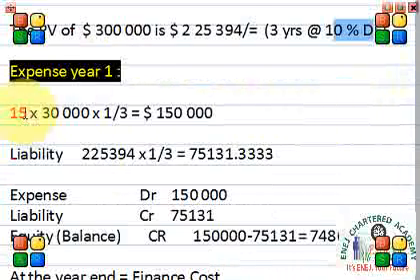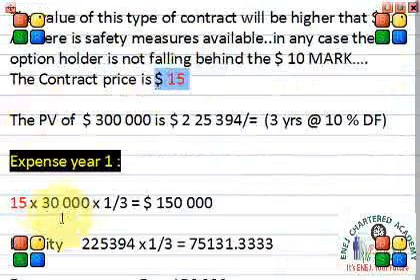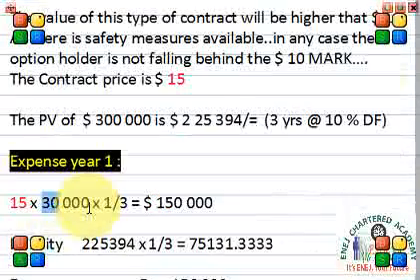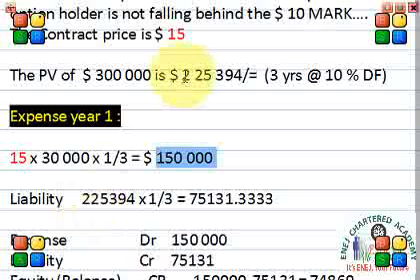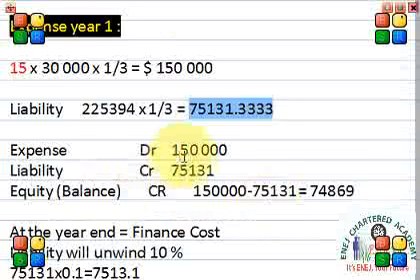Expense for year 1 is 15, which is the contract price, times 30,000, the number of shares, pro rata for 1 year, that gives you this. So this was the present value, and this is the liability for 1 year. So expense debit 150,000, liability credit 75131.